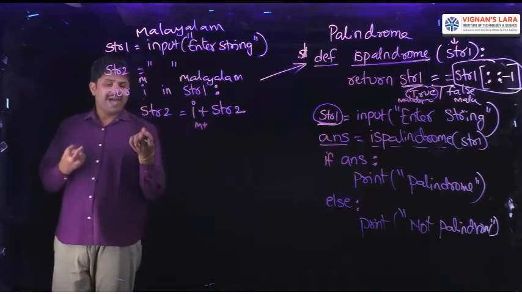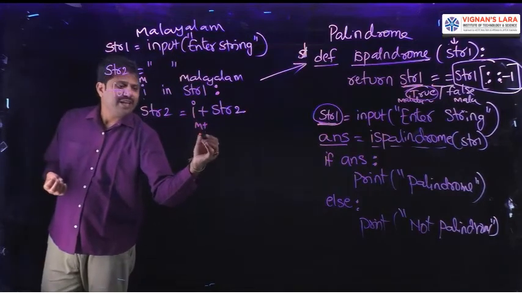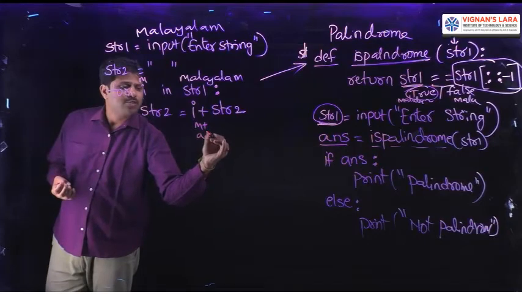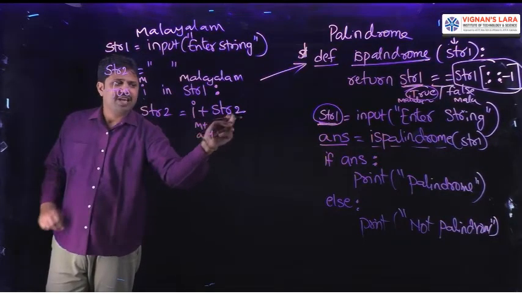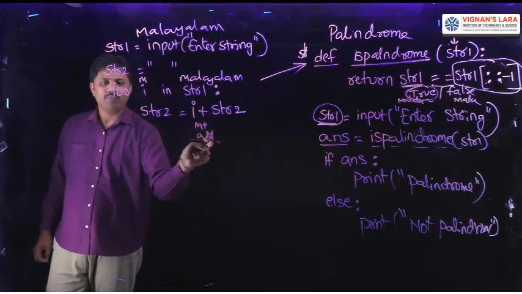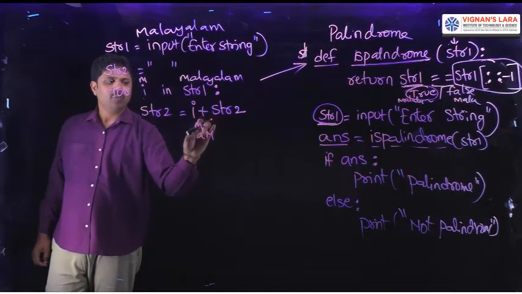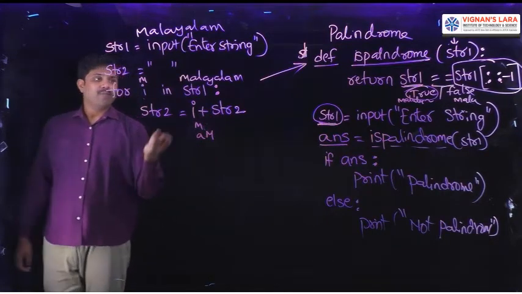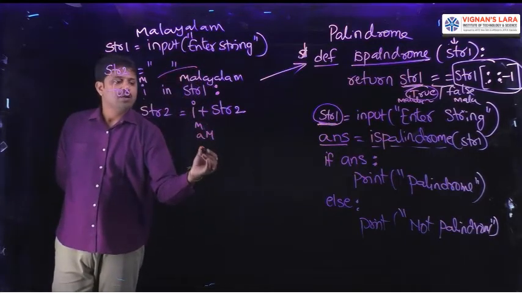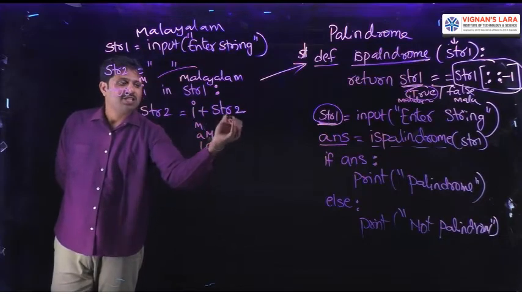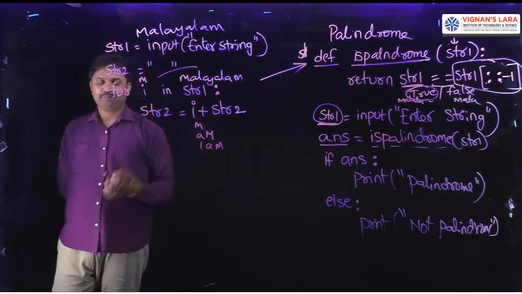For the second iteration, A comes. So A is placed before M, that means i is A and str2 is already M, so A M. For the third iteration, L comes, so this is L, and str2 is AM.